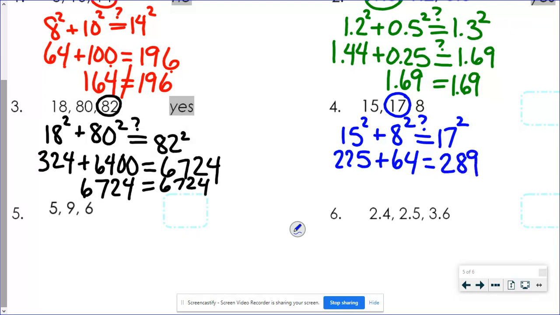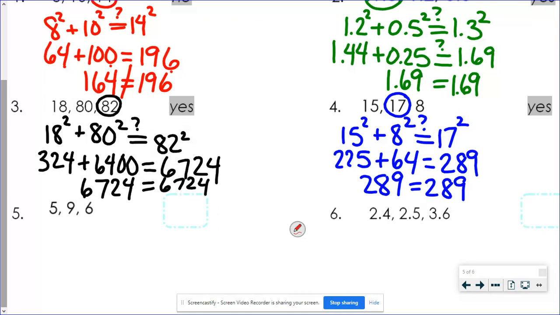And when I add these two together, I do get 289. So because they're the same, yep, we've got a right triangle. You're going to notice today, if you've been starting to recognize some of our Pythagorean triples, those are going to come up a lot in these problems that are giving us yeses.